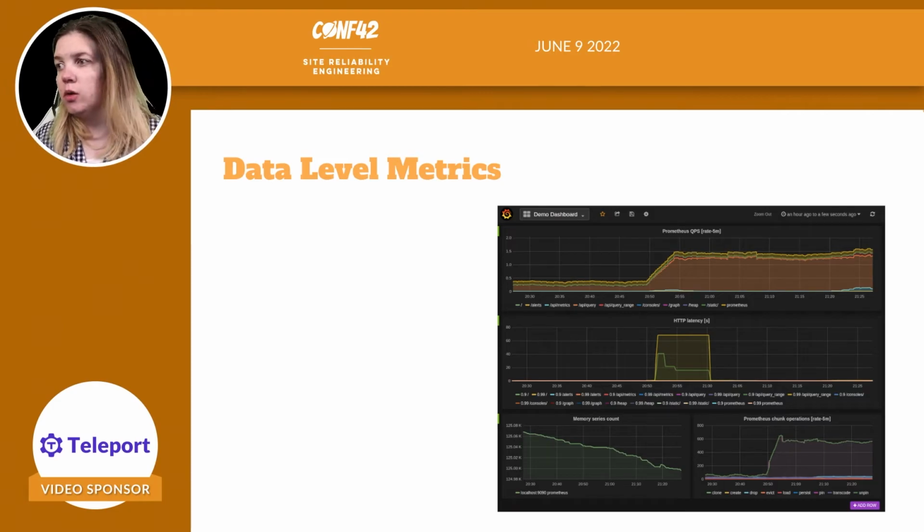Things we can do, just like with service level metrics, you can put metrics at a data level to capture the stability of your data pipelines, of your data stores, of your data gateways, or other data services. You can create pictures of if your queries on data stores are taking too long, if you're taking too long to train a model, if your data gateway has an unexpected latency or is returning an inappropriate error.